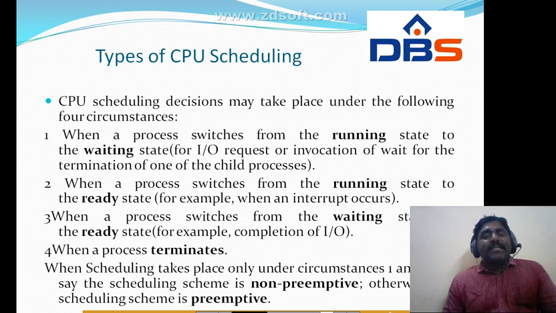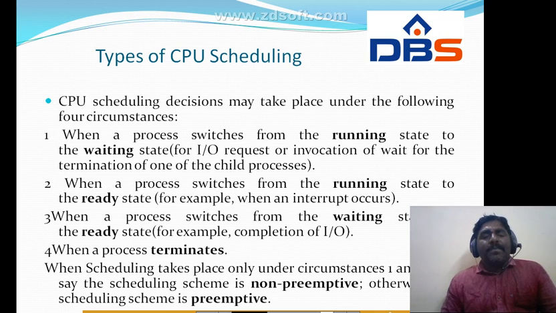The second case is when the process switches from the running state to the ready state. Just now we have discussed this: whenever an interrupt occurs. What is meant by interrupt? For example, a process is being executed by the processor, so it is in the running state. Whenever the process is in the running state, one more process with the highest priority comes into the ready state.